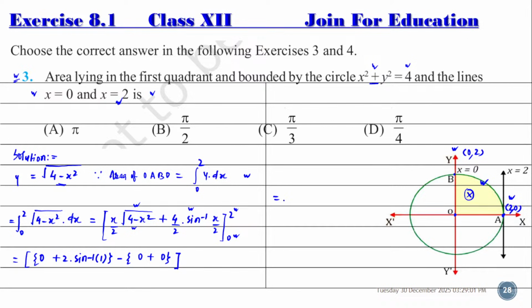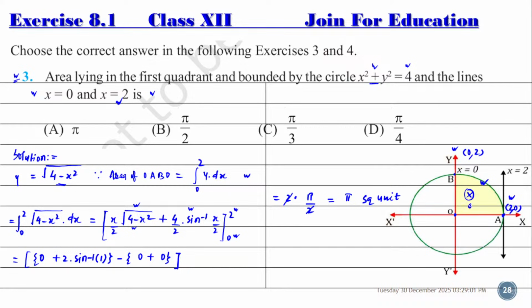So here will be what? 2 into sine inverse 1 equals pi by 2. I hope there is no problem understanding up to this step. We cancel out 2, then we get pi square unit.